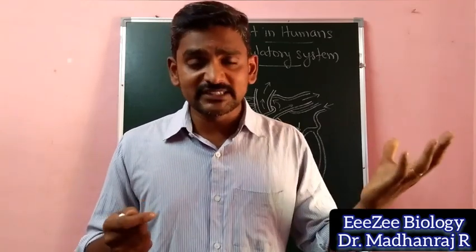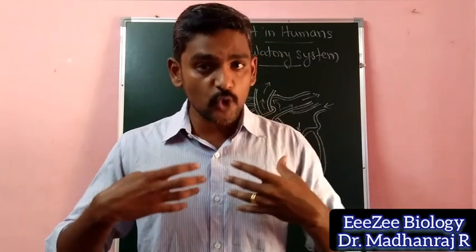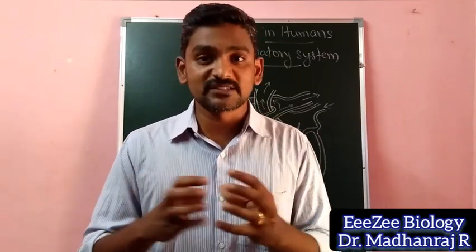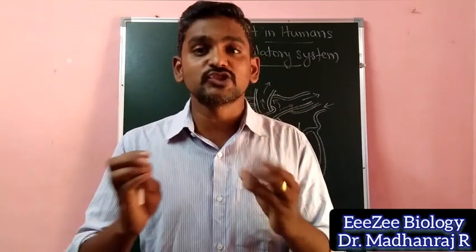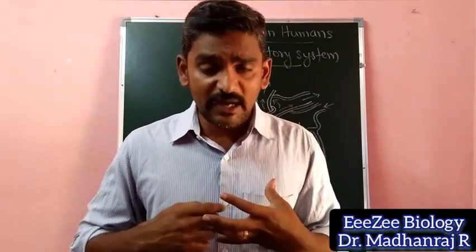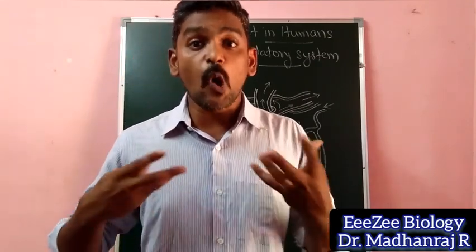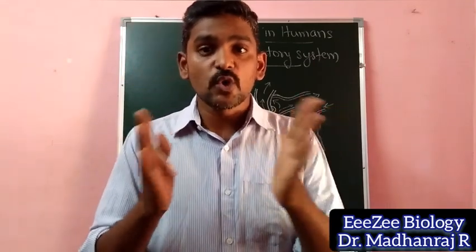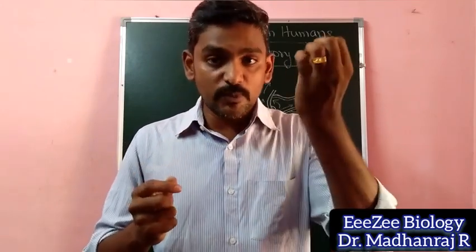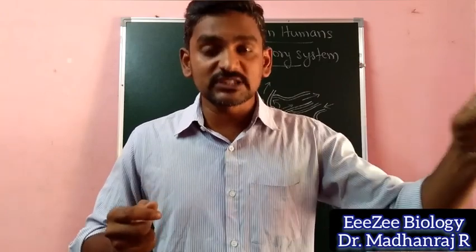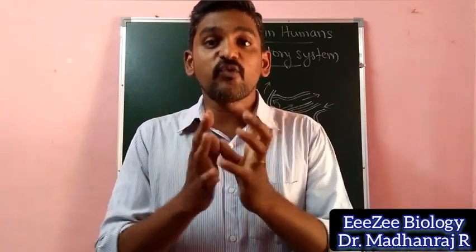Because in those other organisms the oxygenated and deoxygenated blood get mixed up, whereas in humans the oxygenated blood is separated from the deoxygenated blood. Why is it so? In humans and other animals, we need more energy, so we need more oxygen. That is why these two kinds of blood should not be mixed up. When more oxygen is needed, it should be carried purely by the blood and supplied to the cells. That is why the heart is divided into 4 chambers.